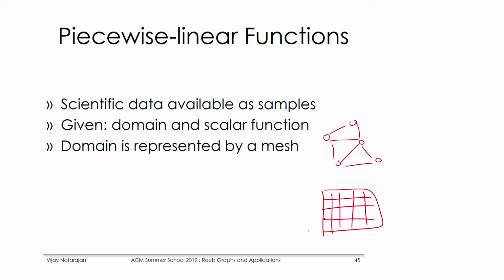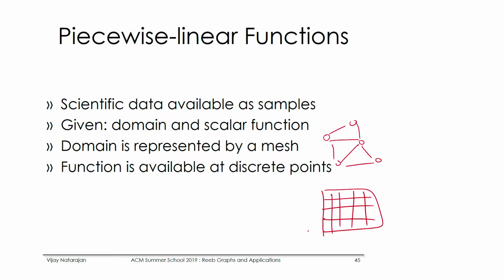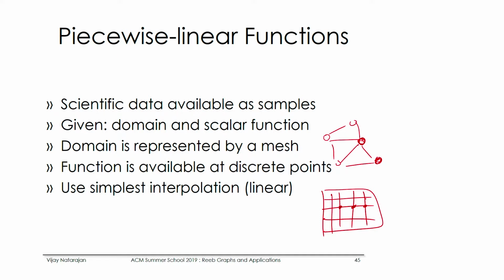The function is specified at a discrete set of points, either at these locations or at the grid points, in this example. And what we essentially do is linear interpolation to fill in the function within each cell. Hence we have a piecewise linear function.